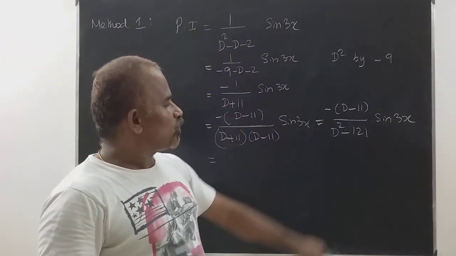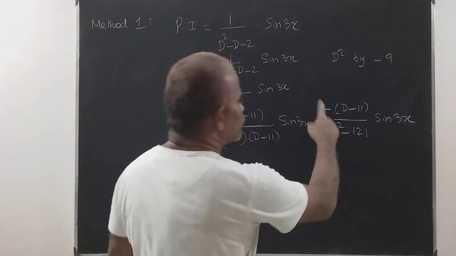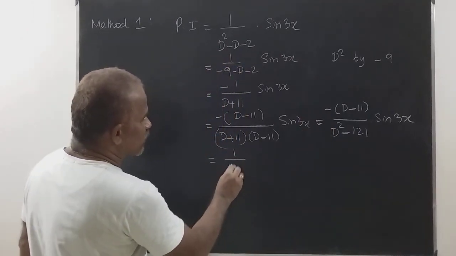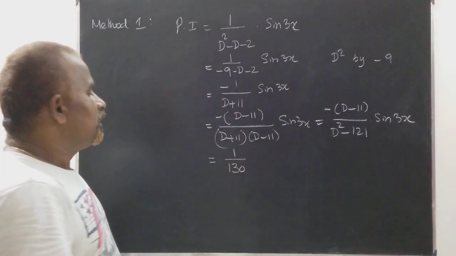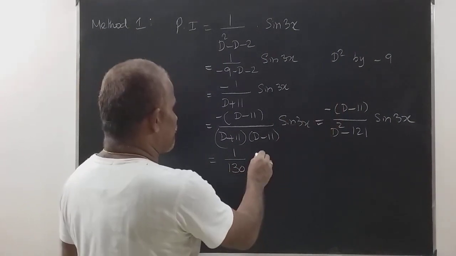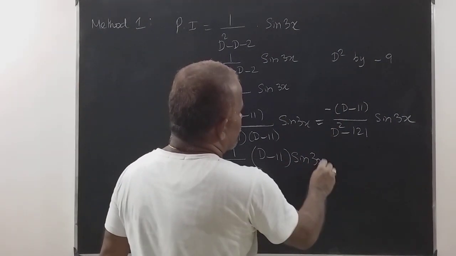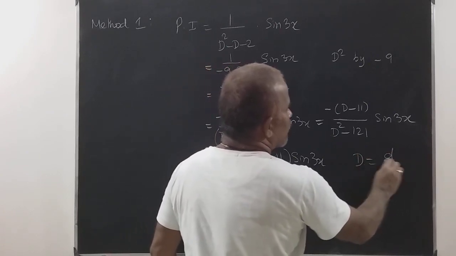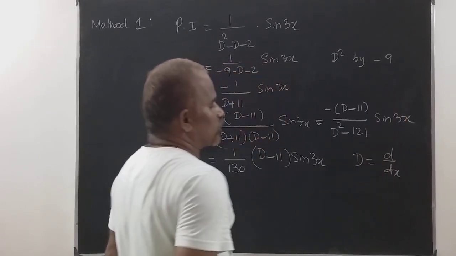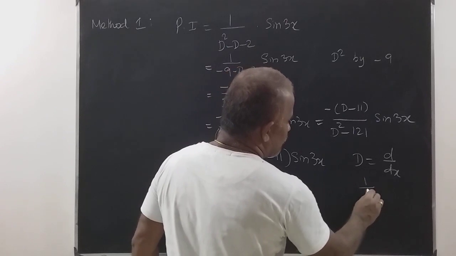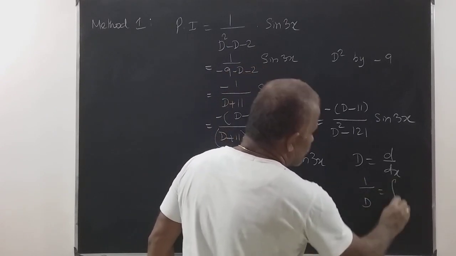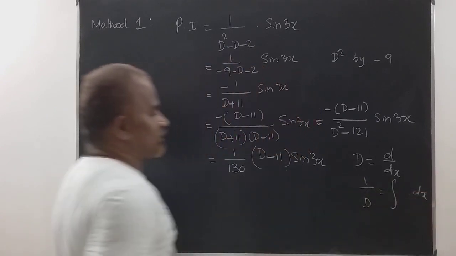Minus 9 minus 121 is minus 130, and minus minus will be cancelled. So therefore plus 1 by 130 into d minus 11 of sin 3x. D is nothing but differentiation with respect to x, and 1 by d is nothing but integration also with respect to x.